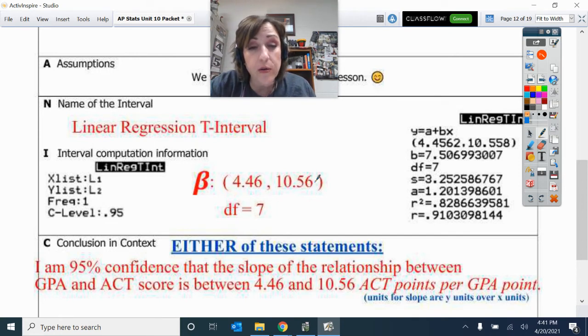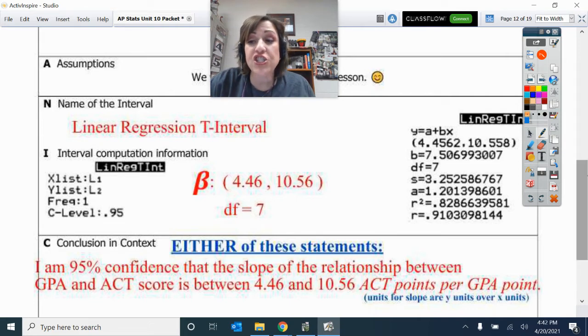They're a little trickier if you write a conclusion this way. So it's between 4.46 and 10.56. So now how are units for slope? Remember, slope is y's over x's. So the units for the slope are the y units over the x units. So here I have in italicized font 4.46 to 10.56 ACT points per GPA point.